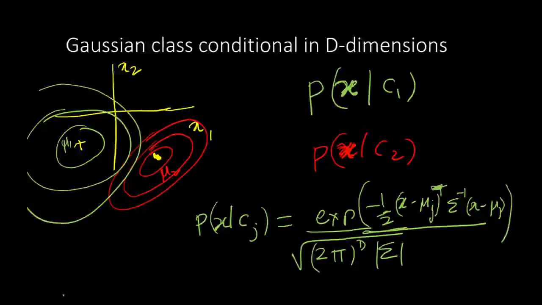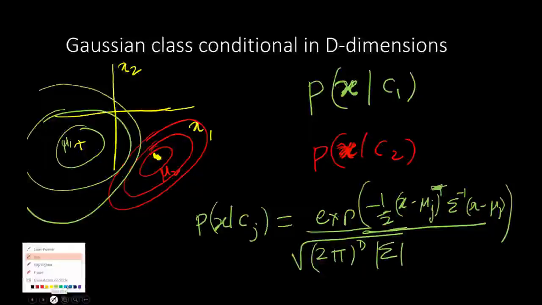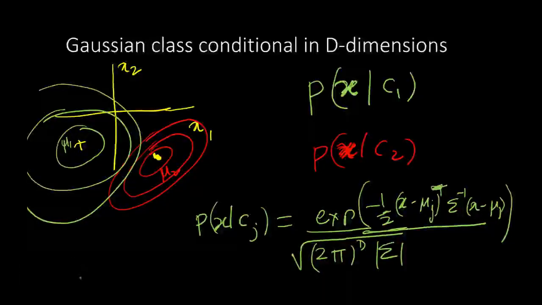In general that boundary is not going to be linear, it is going to be some quadratic boundary, but we will see that for certain cases it actually turns out to be linear.